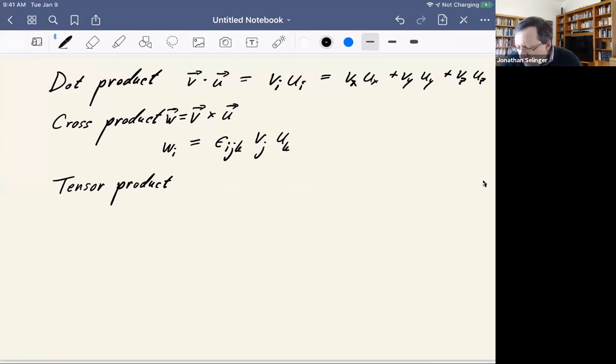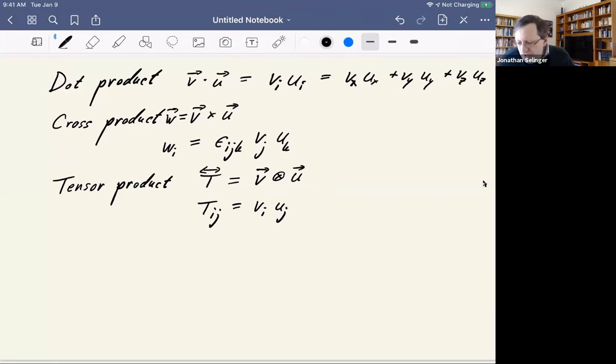And so this is a way to combine two vectors to make a tensor. So we could say the tensor T is V tensor product U, like that. And what this means in components is just Tij is Vi Uj. Right? So in this equation that I just wrote, there are two free indices, right?